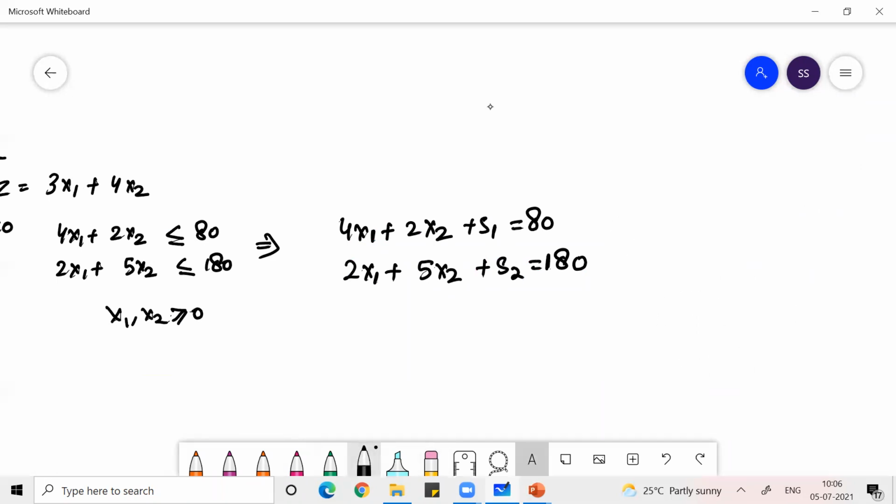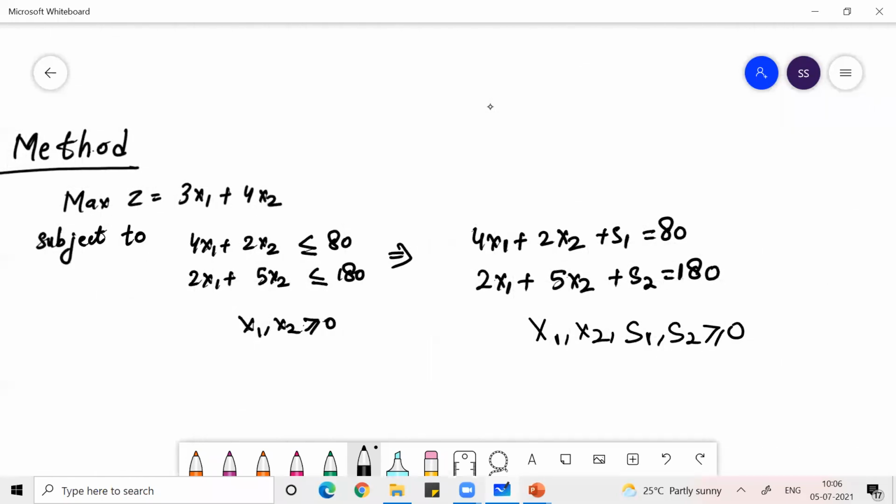Your non-negative constraints would be x1, x2, s1, s2 should be greater than or equal to 0. And your objective function will be maximize z equal to 3x1 plus 4x2 plus 0s1 plus 0s2.